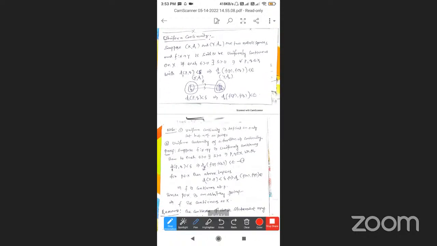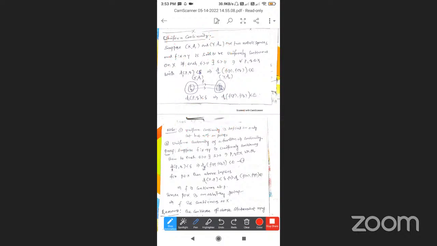What is uniformly continuous? Uniform continuity. Suppose (X, d1) is one metric space, (Y, d2) is a second metric space, and f is a mapping from capital X to Y. It is said to be uniformly continuous.